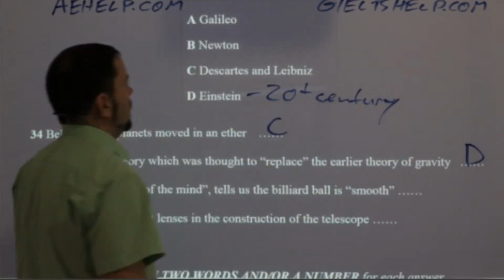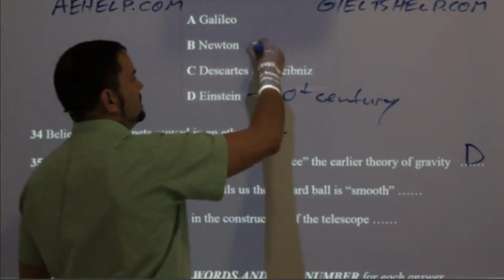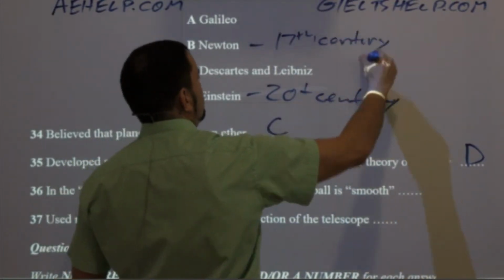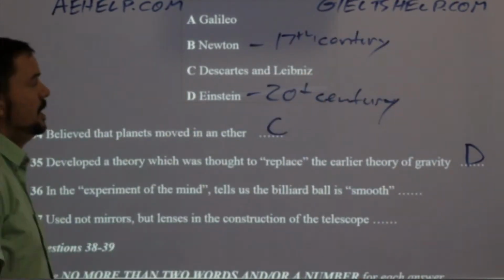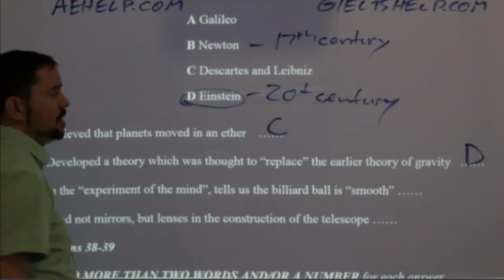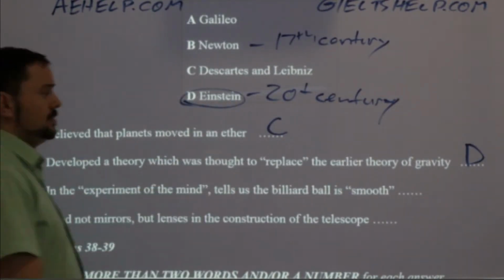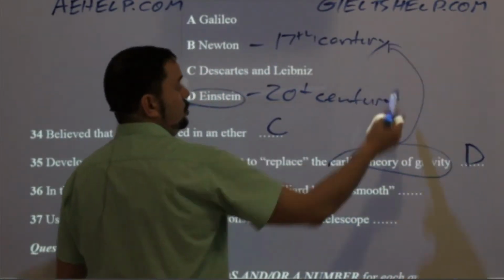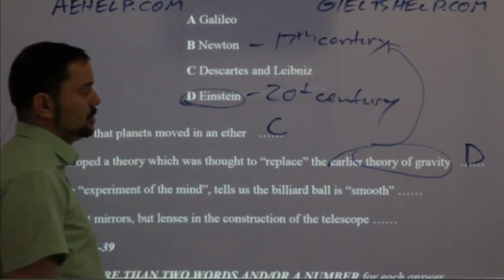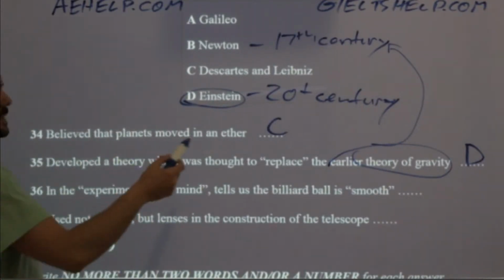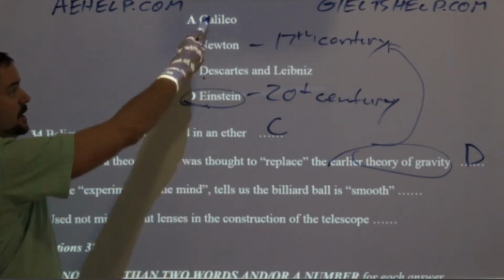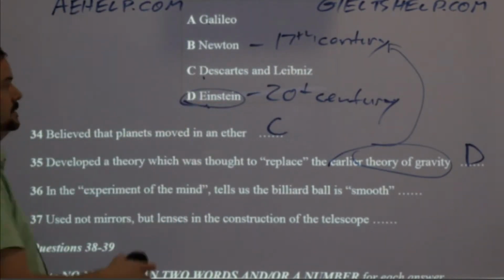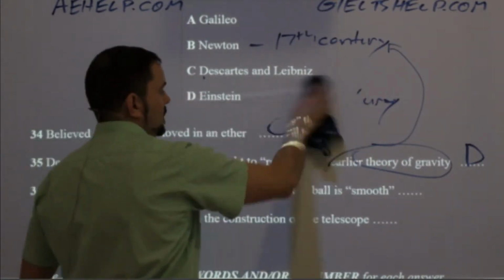Newton is 17th century. So if you have this knowledge, it's going to help you. He is the most modern, okay? And the theory of gravity belongs obviously to Newton. So the only person who could replace this is Einstein, because Descartes, Galileo, they all came before Newton, okay?